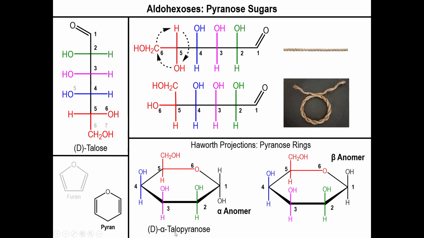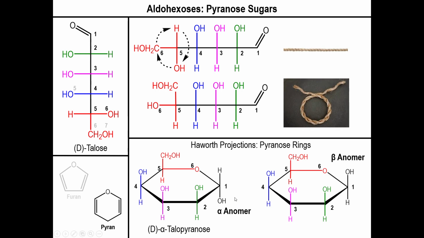And then you could say talose, but talose will not tell you whether this is a 6-member ring or a 5-member ring. So in addition to that, you break the word talose by inserting the word pyran in between. So then this is ultimately, I'm sorry, D alpha talopyranose. And this tells you everything.